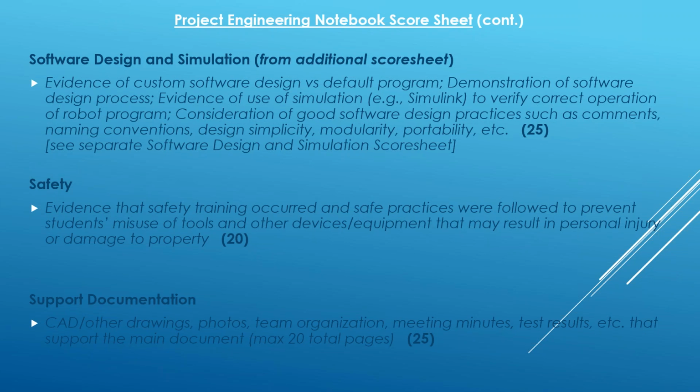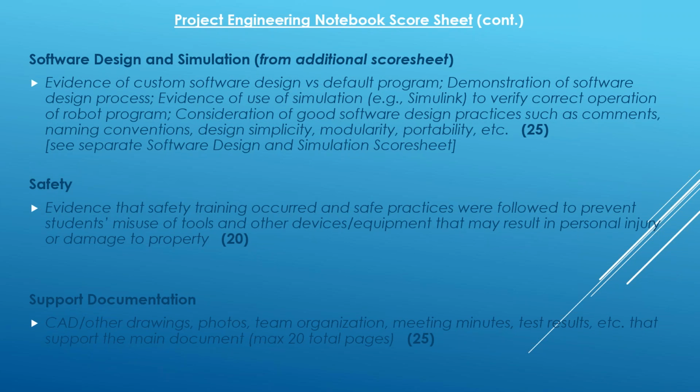We want to instill in the students the fact that safety is very important and that they are in control of their own safety. So we want to make sure that you're following the training that you developed and that you're using it as you perform the tasks.